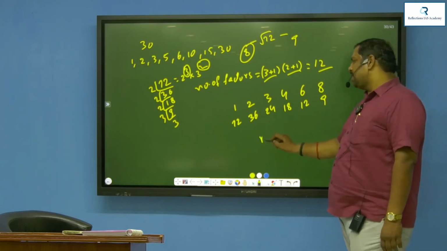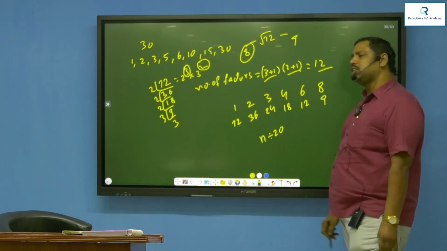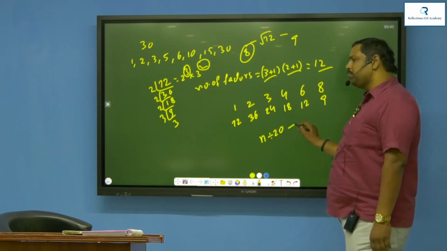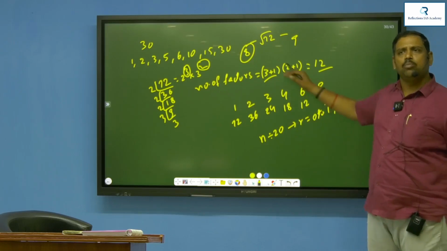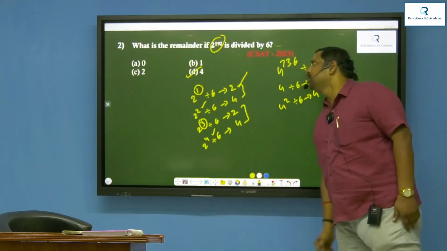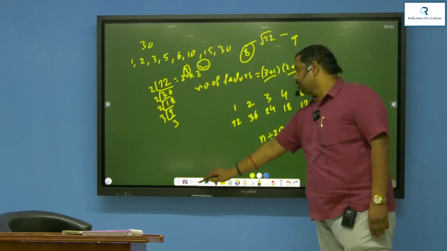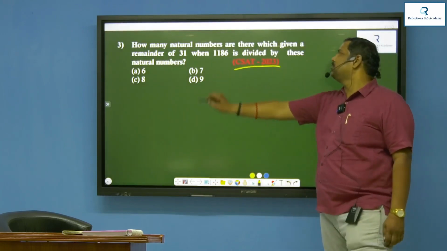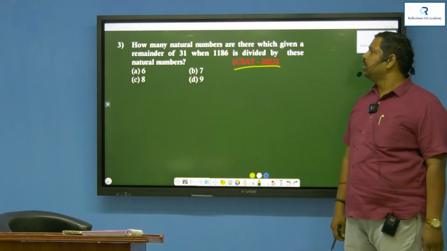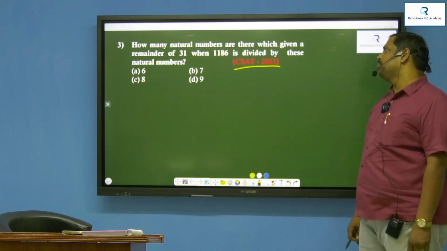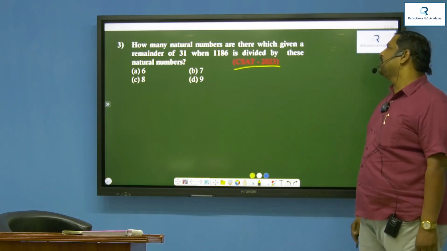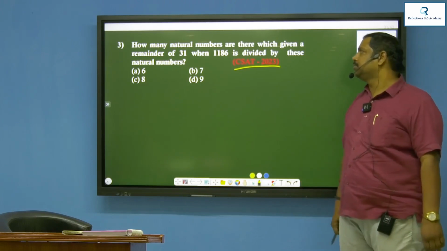Next one. In the last session, I said that when you divide a number by 20, the remainders are from 0 to 19. These 2 points together, we have to answer this one. This is a CSAT 2023 question. How many natural numbers are there which give a remainder of 31 when 1186 is divided by these natural numbers?